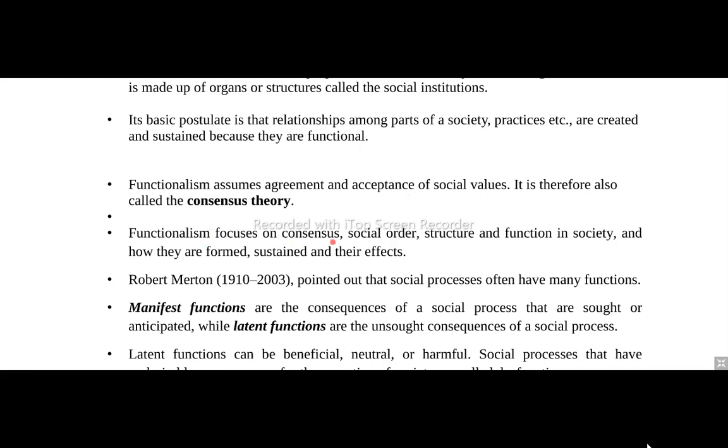Functionalism focuses on consensus, social order, structure, function in society, and how they are formed, sustained, and their effect. Consensus is the agreement. Social order is that people are following the rules and regulations of the society.